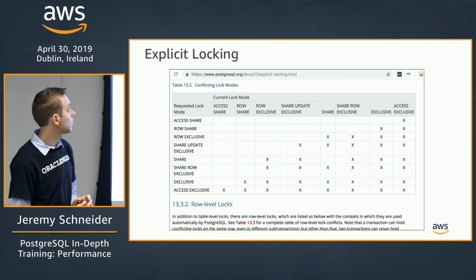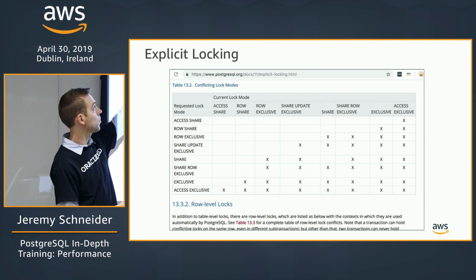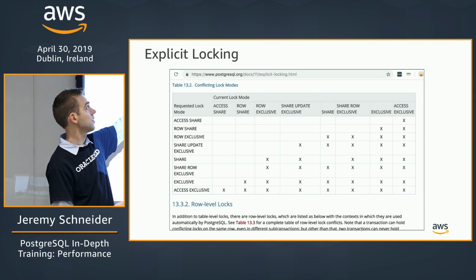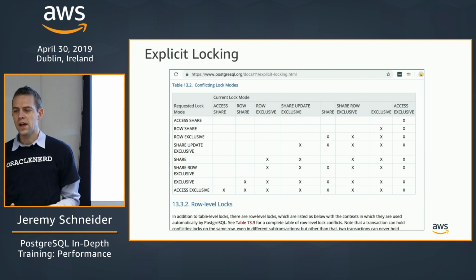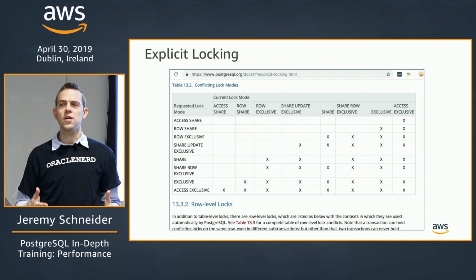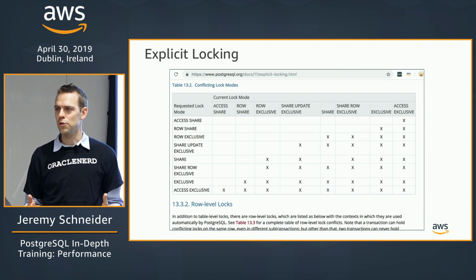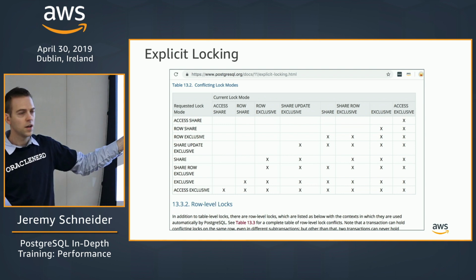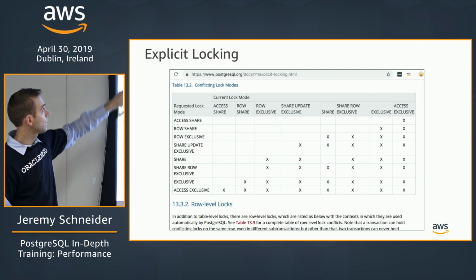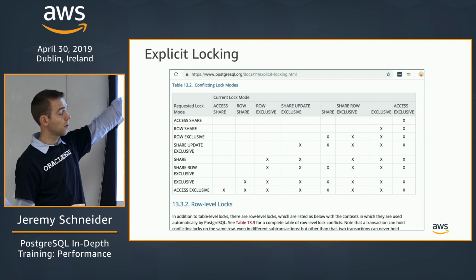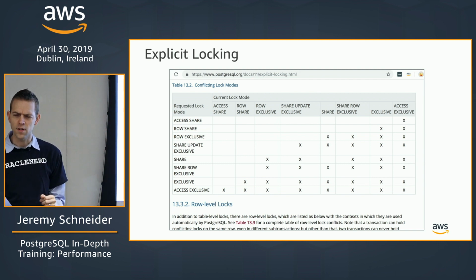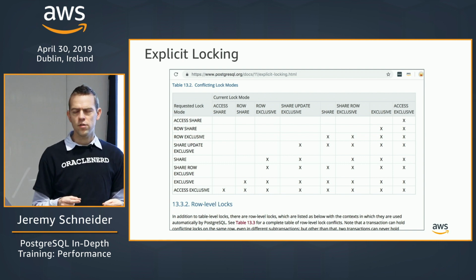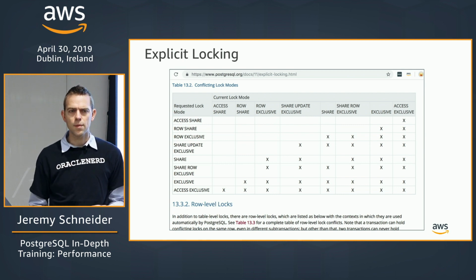And the place to go is there's a chapter in the Postgres docs called Explicit Locking. And someday, when you're in a situation where you need to learn a bit about locking, this is the place to go. It's chapter 13.2 in the current version 11 docs. I feel like the chapter numbers change sometimes over major versions when they add new chapters.